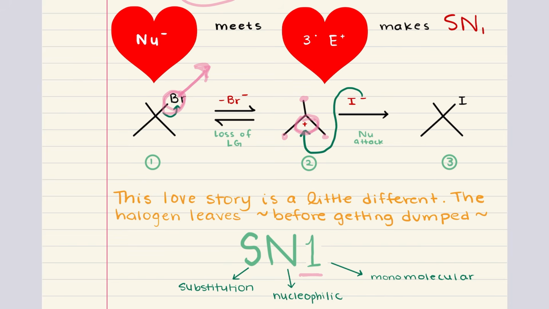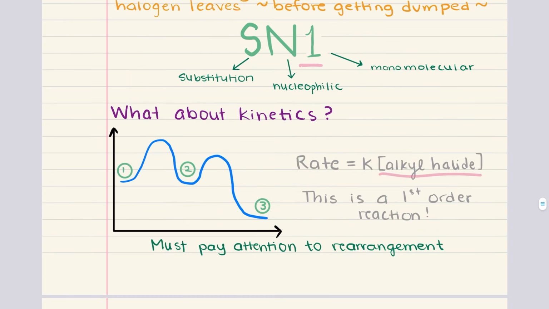Further, looking at the reaction energy diagram, we can see that SN1 has multiple steps. The first peak represents the formation of the carbocation, which is the rate-determining step and the slowest part of the reaction. The second peak represents the nucleophilic attack, which happens much more quickly once the carbocation is available.